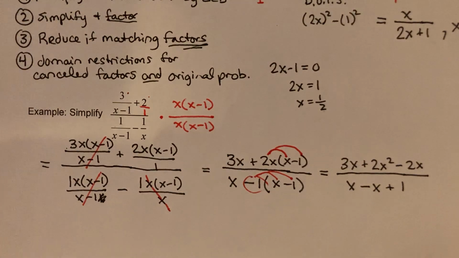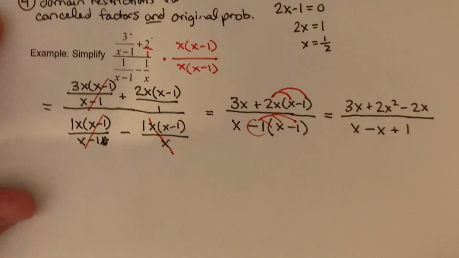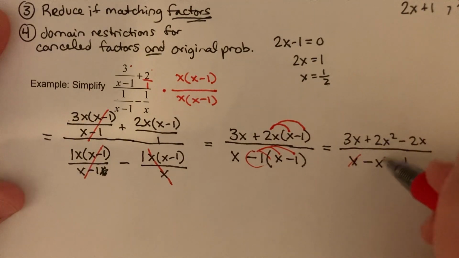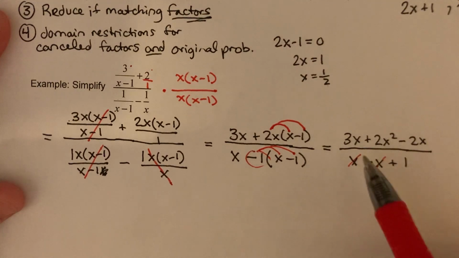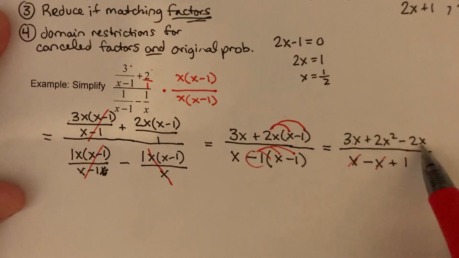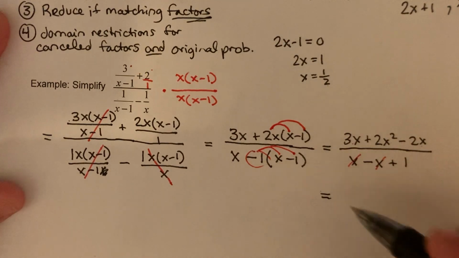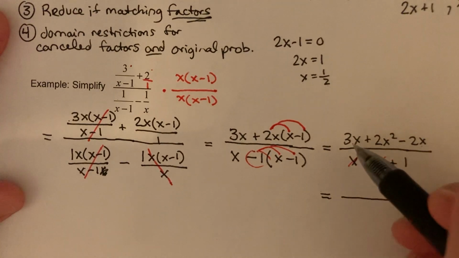And now we're still on simplify, so we see what reduces, what simplifies. Let's see, positive x minus x, well, those go away. And then 3x minus 2x is just 1x. So the top, I'm just going to write it out here.